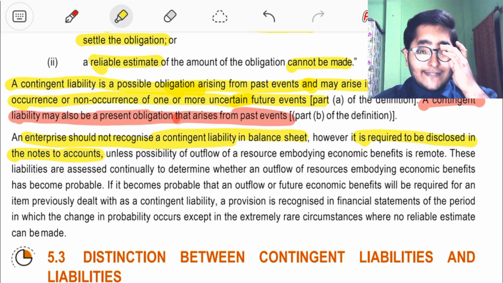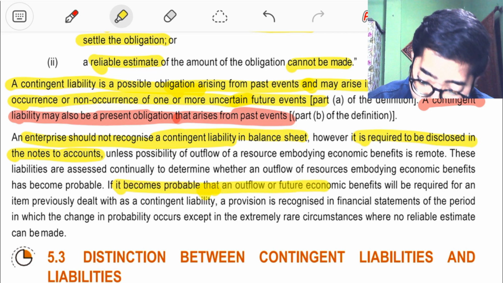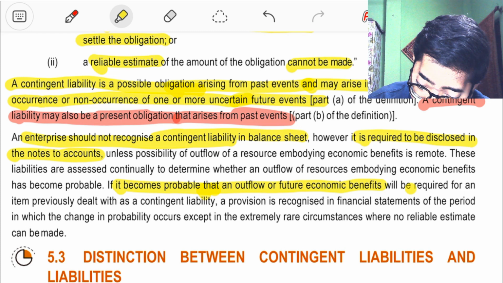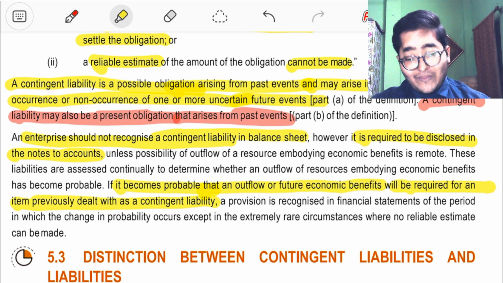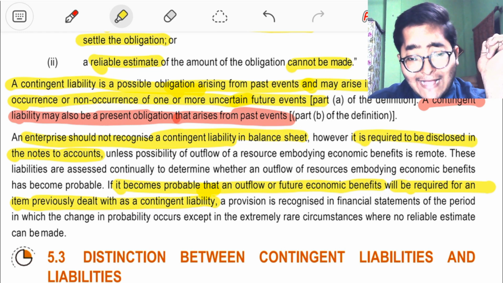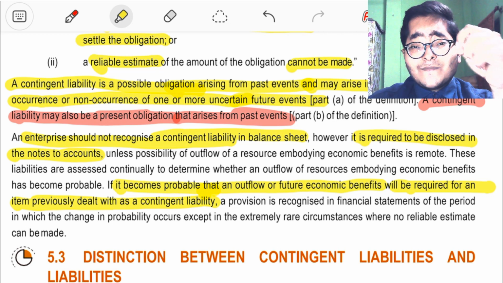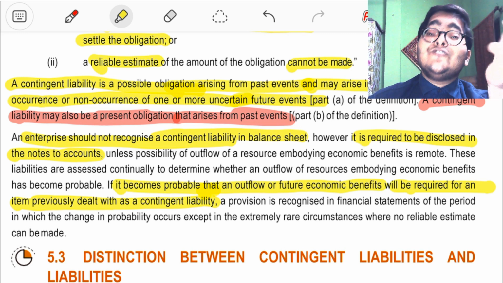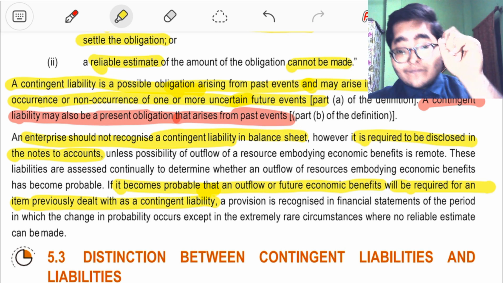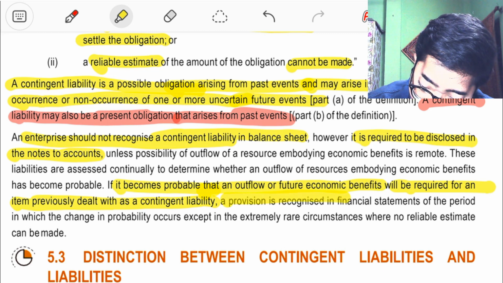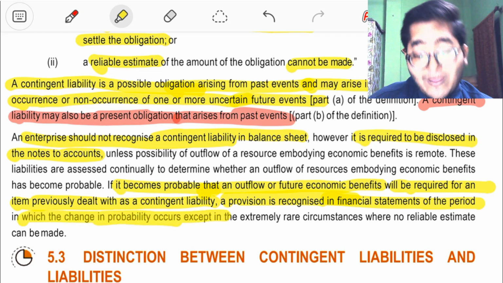So, let us understand this in detail. If it becomes probable that an outflow of future economic benefits will be required for an item previously dealt with as a contingent liability, that is, the uncertain future event on which the contingent liability was dependent becomes certain, in that case, a provision is recognized in the financial statements of the period in which the change of probability occurs.